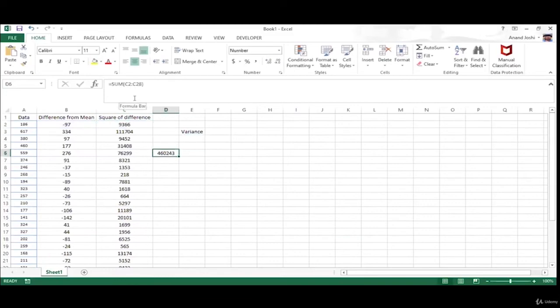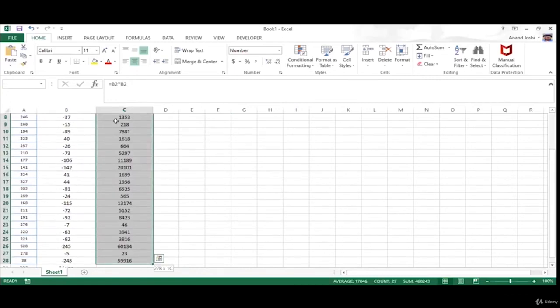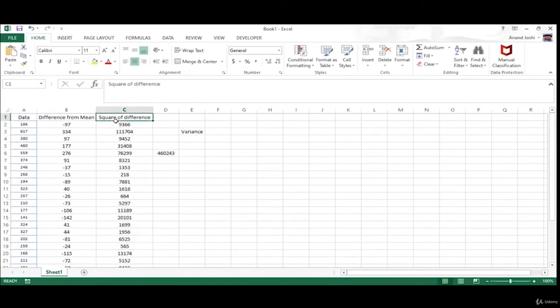I've taken a sum of the squares of the differences to calculate the variance. In all, I have 27 data points. So basically it means the sum of the squares of the differences divided by n minus 1, which is 26. Am I correct till here?